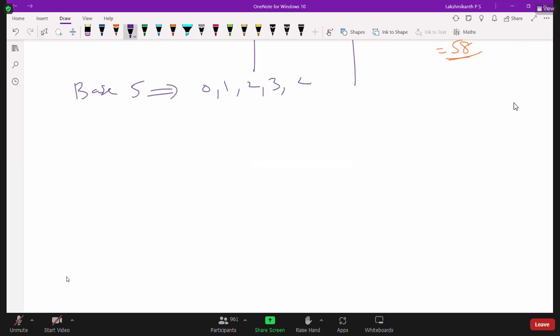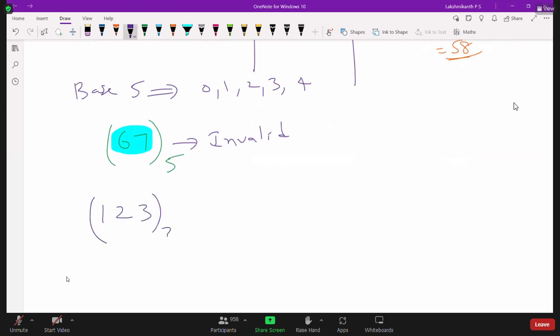For example, if a number is given with digits other than these, okay, that is invalid. For example, if you get a number like 6 7 with base 5 given, in the base 5 system, 6 and 7 won't come, right? This is invalid, this is not correct.